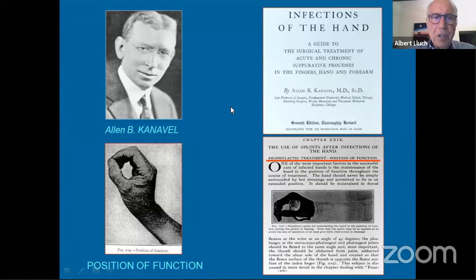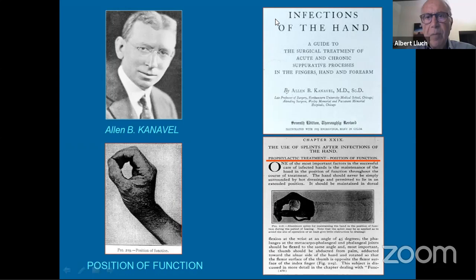And then this position was popularized by Kanavel and Mason, and by other doctors practicing in Chicago, because they wrote a book on infections of the hand. It was the first book written precisely on hand surgery.